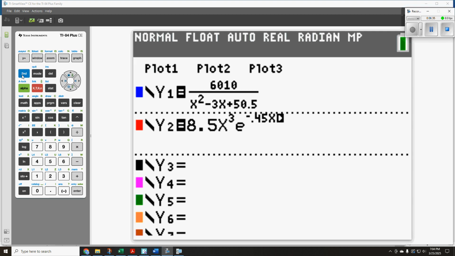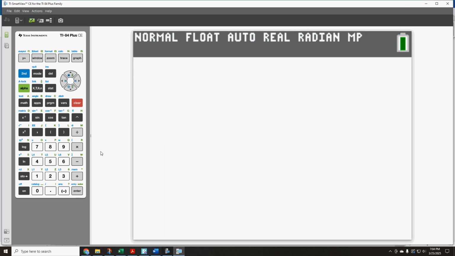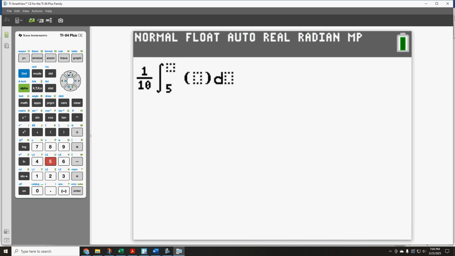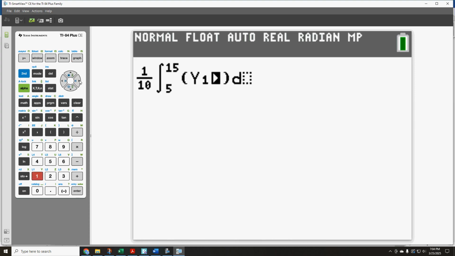Now I'm going to go to my main screen and clear everything out of there. What I need to find is 1 over 10 times the integral, from 5 to 15 of y1, and that is dx, because I put x in instead of t.